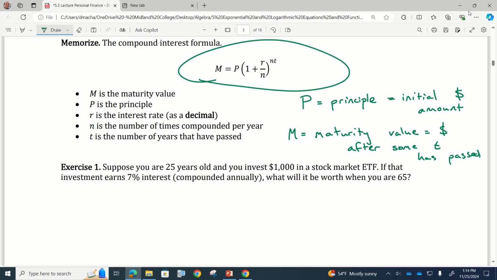So if you see the words compounded annually, or compounded monthly, or compounded weekly, or compounded daily, or whatever, I want you to immediately just write down this formula that you should have memorized. And then ask yourself, what am I trying to find? Am I trying to find M, P, r, n, or t?